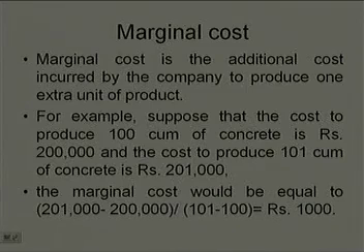How have we got this? The calculation is shown in the last line. Marginal cost is (201,000 minus 200,000) divided by (101 minus 100). So, the increase in cost divided by the increase in quantity. Now, this marginal cost also may vary.